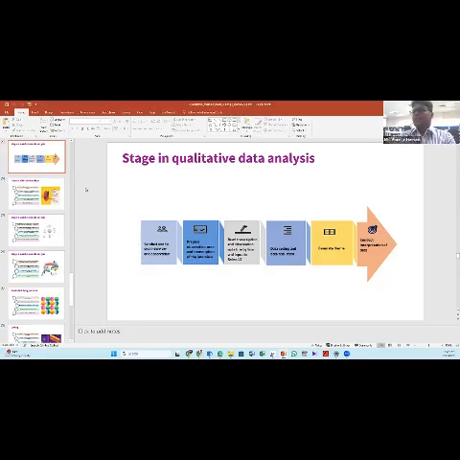If you follow the stages or steps very clearly, then you can handle the data. Those responses that are based on your objective, what you wanted to know, you can keep in data coding.